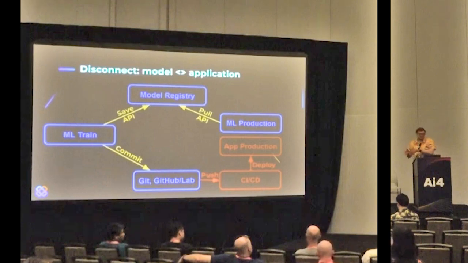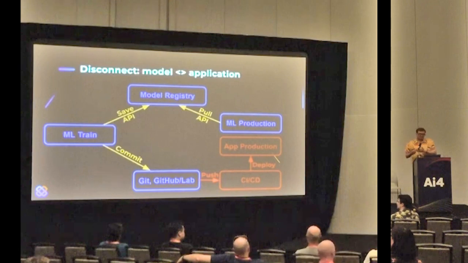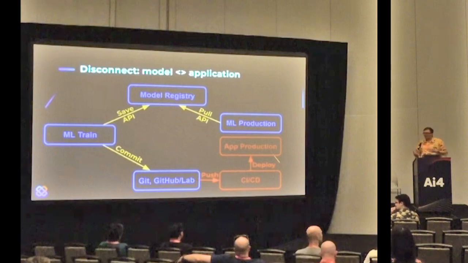That's usually based on GitOps practices, right? So they commit their code, they put a Git tag, it goes to CI/CD, CI/CD does the deployment, and so forth and so on. While the ML model is separate because the ML registry has a special API and so forth.